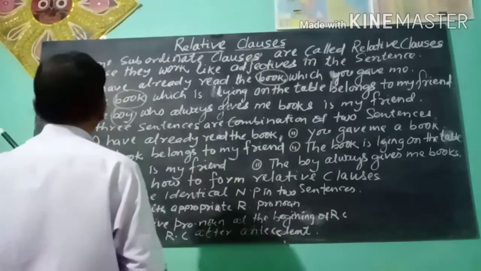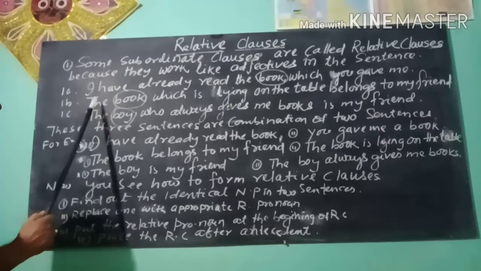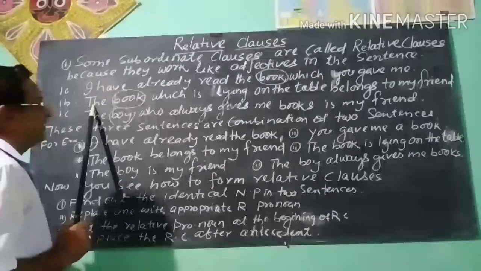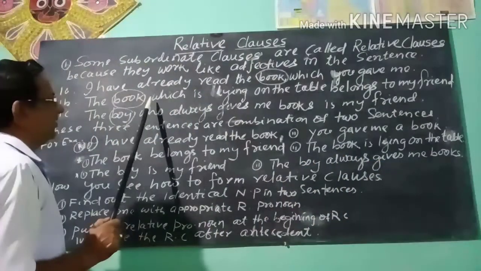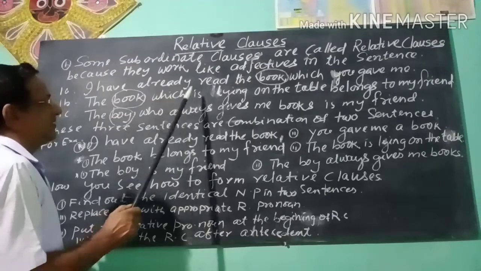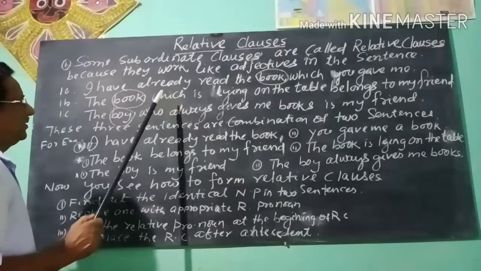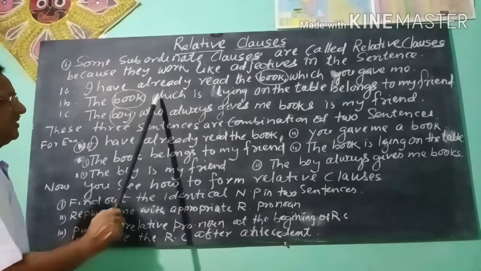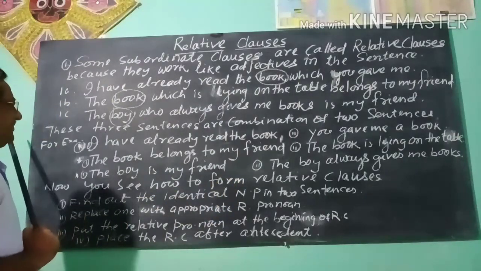Now, sentence 1b. The book which is laying on the table belongs to my friend. The main clause is "the book belongs to my friend." The relative clause or adjective clause is "which is laying on the table." Which is laying on the table? The book. "Which is laying on the table" describes the book.